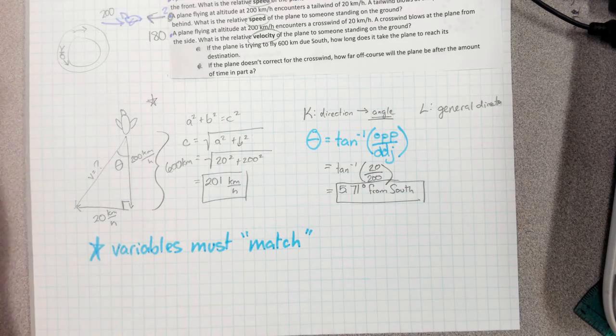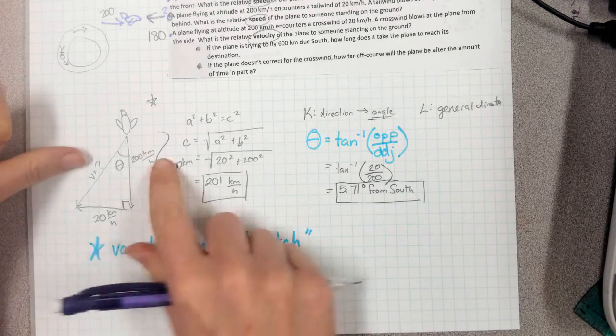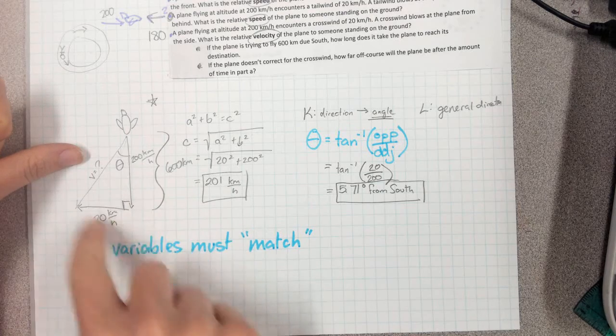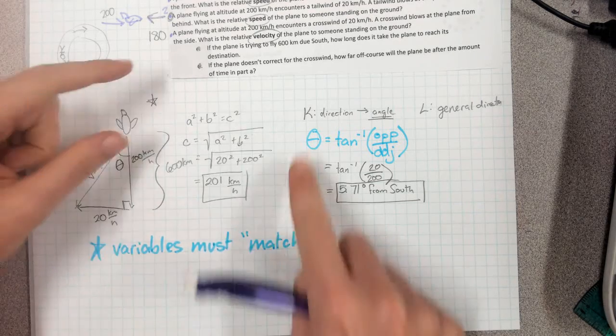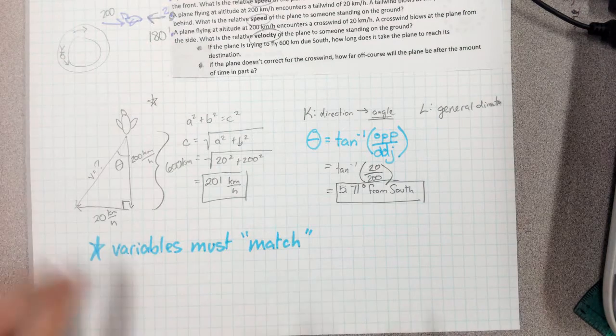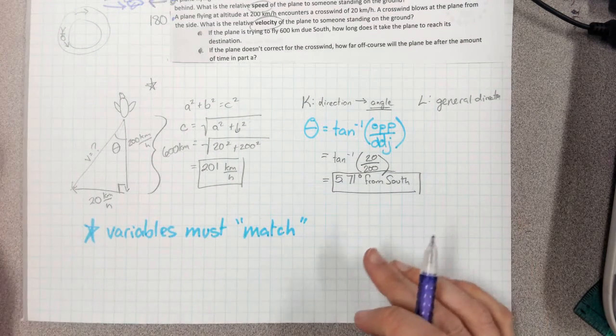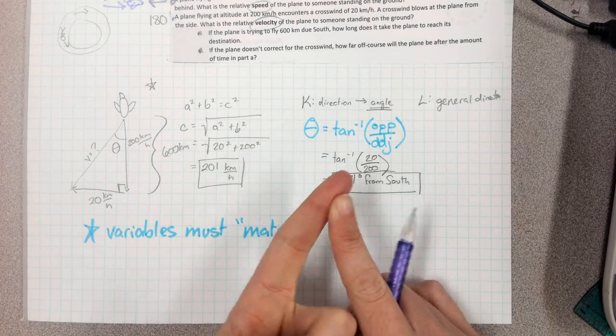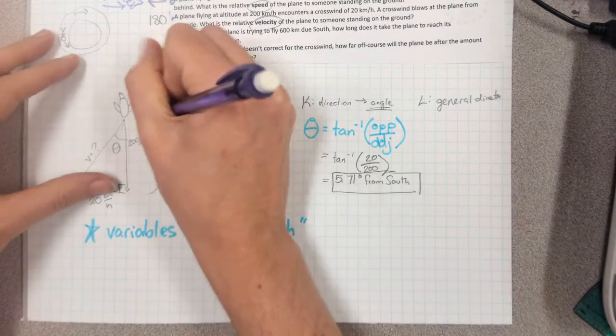That can mean a couple different things. If we're adding vectors, the vectors have to be the same kind of vector. If we're solving for a separate kind of variable, they must match in the way that we're measuring and calculating the problem.